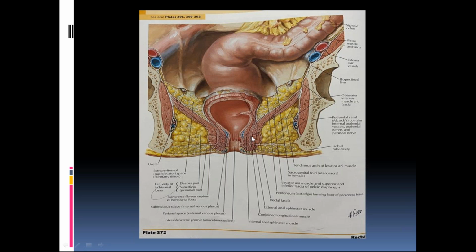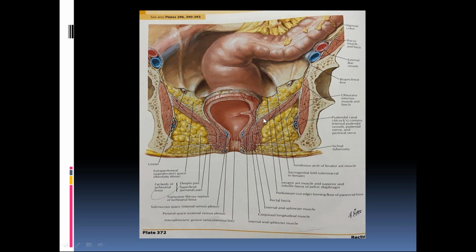Another thing is, through this transverse septa, you can see here, the pus can trickle from the intersphincteric space into the ischiorectal space. Another spread is from the intersphincteric space, where the anal gland infection is, the pus may trickle upwards into the supralevator space.